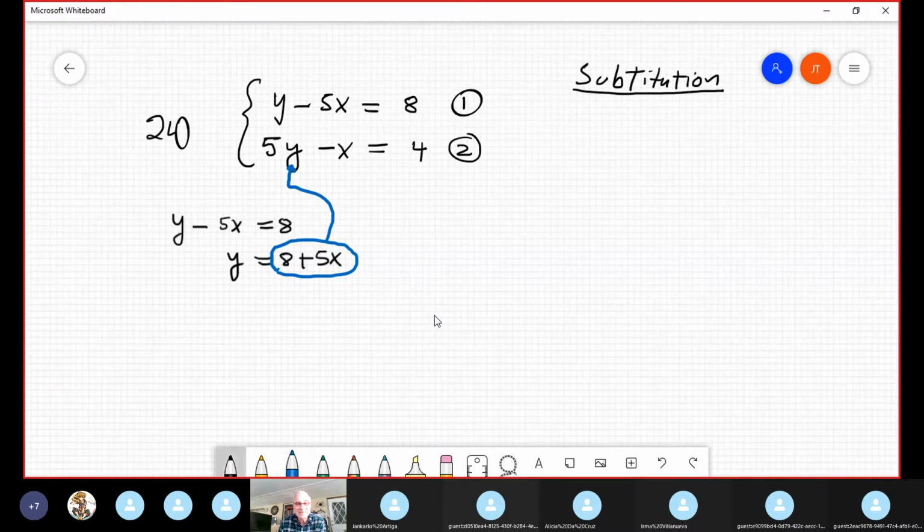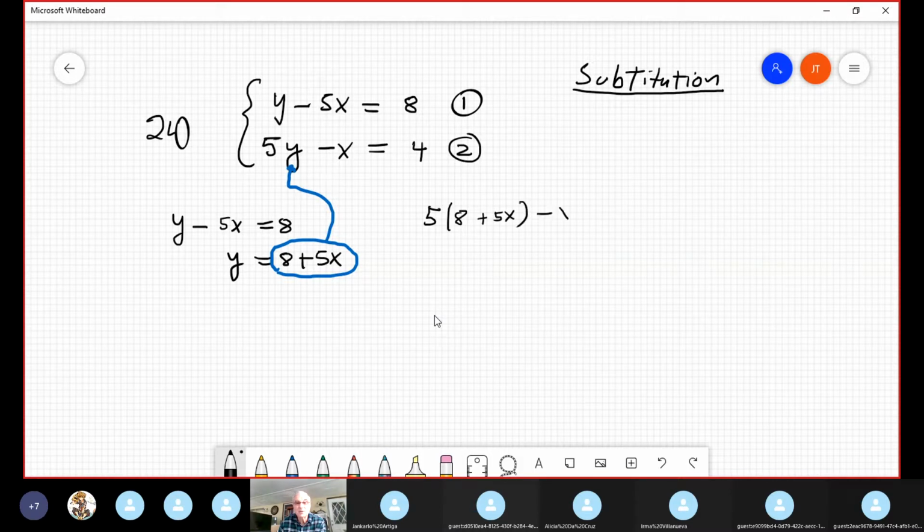Entonces 5, parentheses, important this parentheses, guys. Omit this parentheses, you are in trouble. You copy y, which is 8 plus 5x, without parentheses. Entonces, 5 multiply only 8? No, it multiplies everything. Minus x equals 4. Okay.